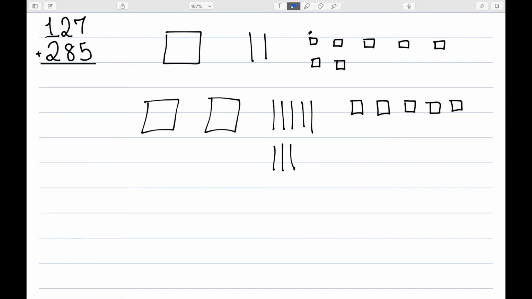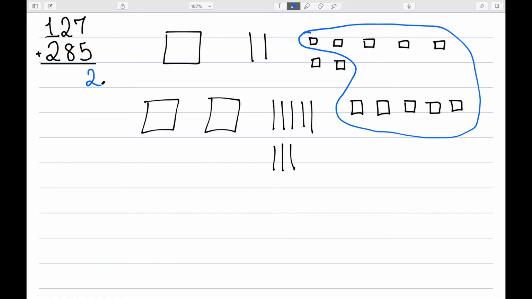As we regroup, we have 5 and 5 make 10. We have 2 1 blocks left over. For our 10 blocks, we have 8 here. 2 more gives us a total of 10. So if I group those, we can see we have 1 10 block left, the one that we got from all of the ones. And then our 100 blocks, we have 1, 2, 3, and 4 with this one here that we regrouped. So 412.